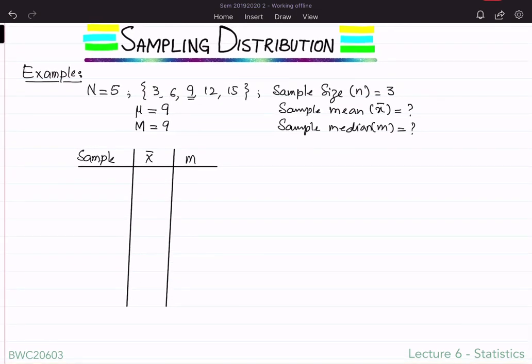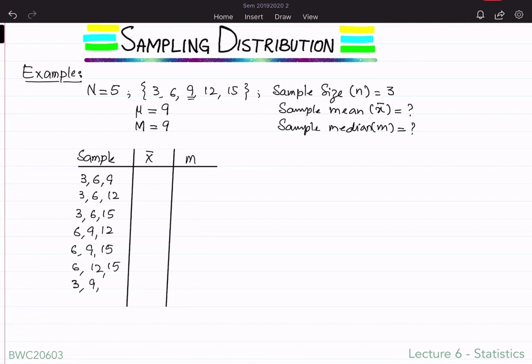Since we can have samples of size n equal to 3, our first combination can be 3, 6 and 9, and then the second one can be 3, 6 and 12, third can be 3, 6 and 15, then 6, 9 and 12, then 6, 9 and 15, and then 6, 12 and 15, and also we can have 3, 9, 12, 3, 9, 15, then 3, 12 and 15, and one more, 9, 12 and 15.